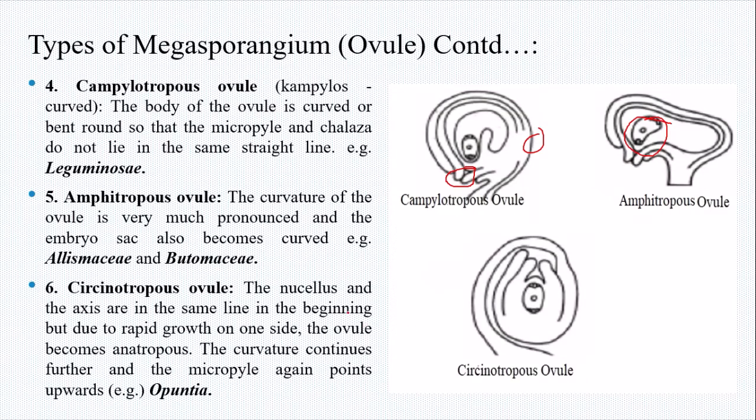Circinotropous ovule is a very special kind of ovule. Here the nucellus and the axis of the ovule are in the same line in the beginning, but due to the rapid growth of the funiculus or the axis, the ovule becomes anatropous. And note that here the funicle surrounds the whole ovule from around.